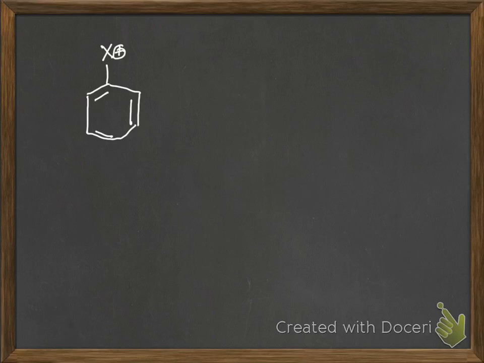I'll do the first step for you. There you go. I want you to draw out the rest of the resonance structures here, and then I would also like you to draw the resonance hybrid for me.